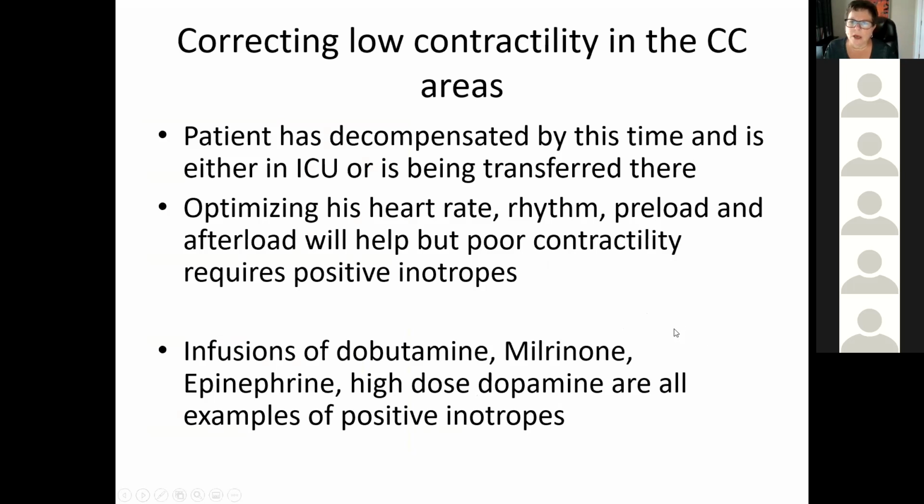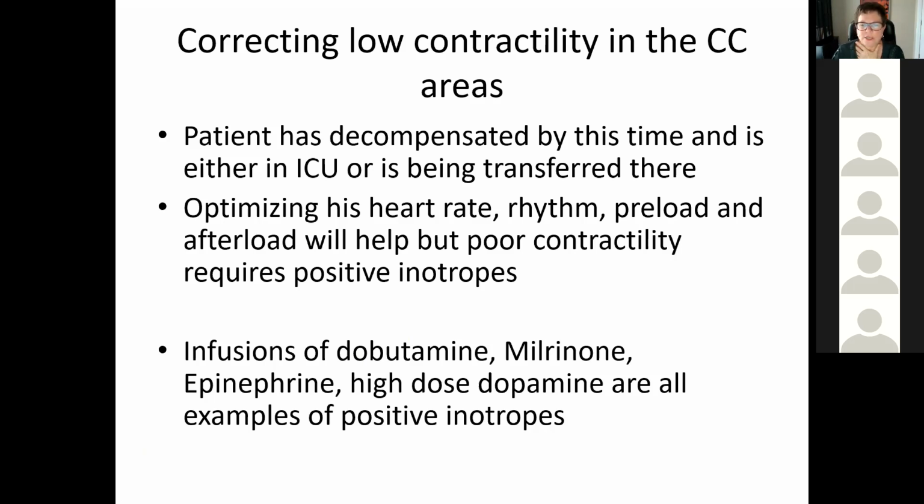And when it is low, when we have low contractility, then we need to add a positive inotropic drug. And the true inotropes are dobutamine and milrinone. But we can also use epinephrine and dopamine because they have both vasopressor and positive inotropic effects.